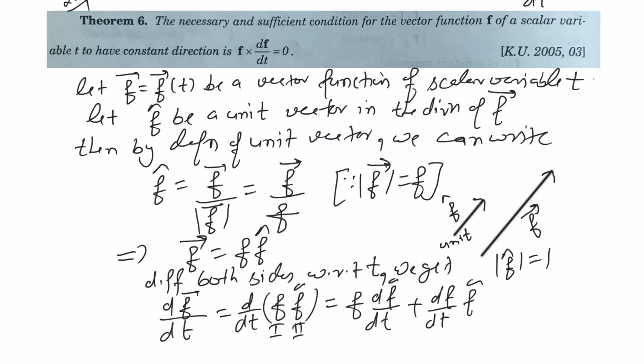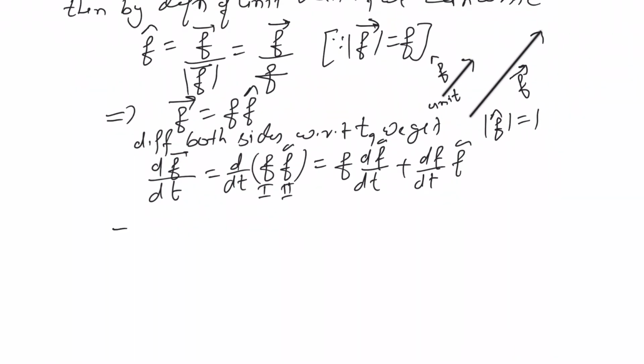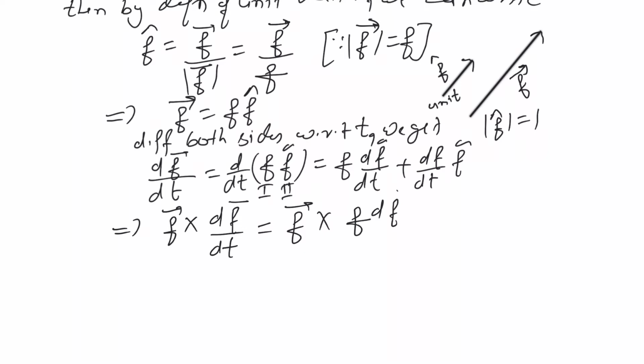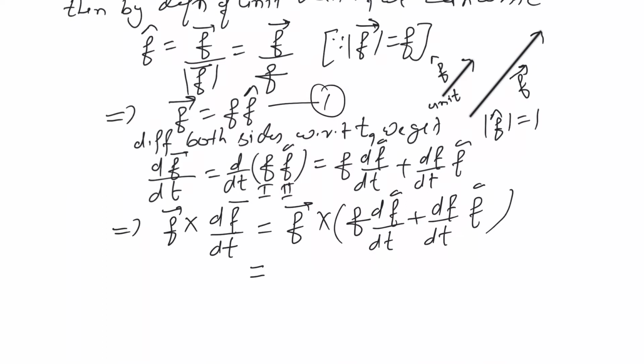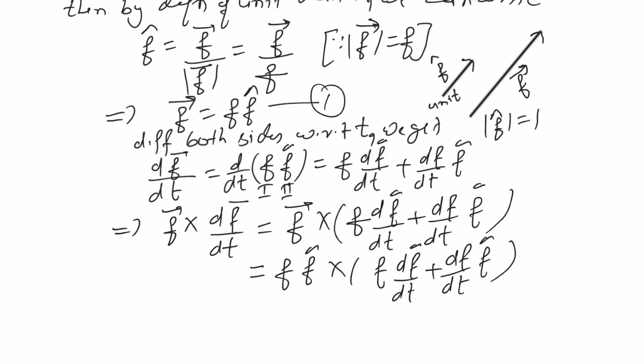This further implies that taking cross product on both sides with f from the left side, we get f cross df by dt, and from equation number 1, we know that f vector is equal to f f cap, by using 1.